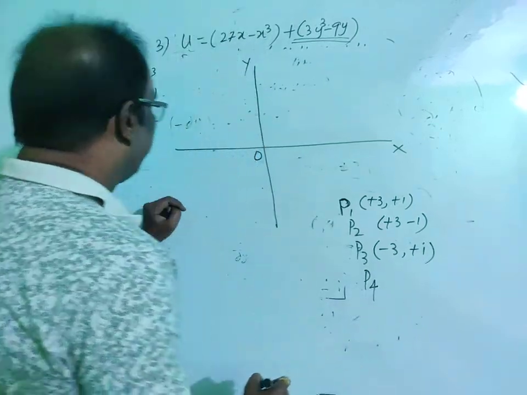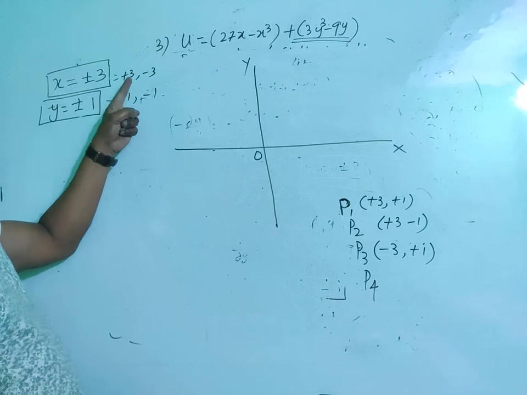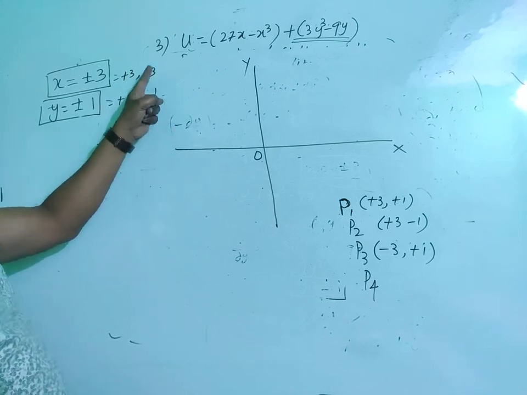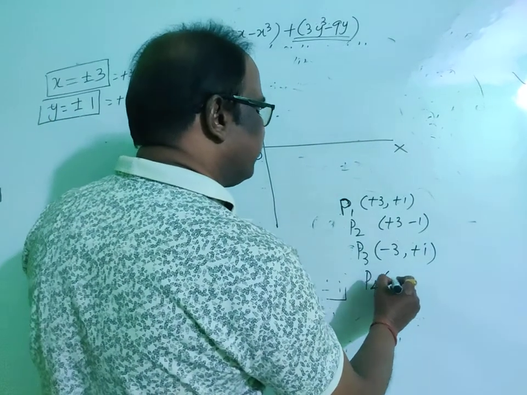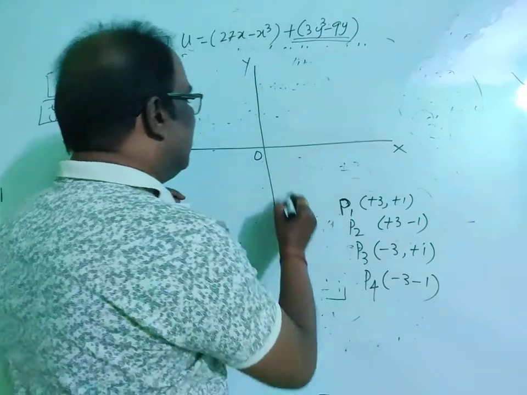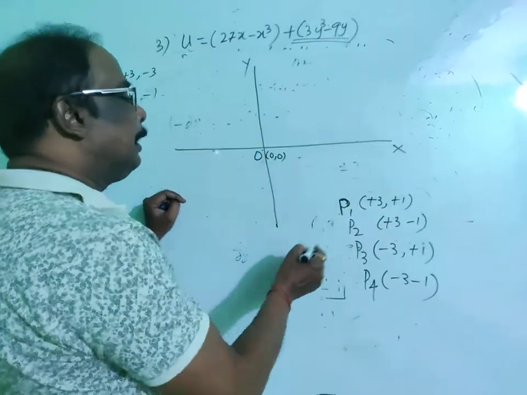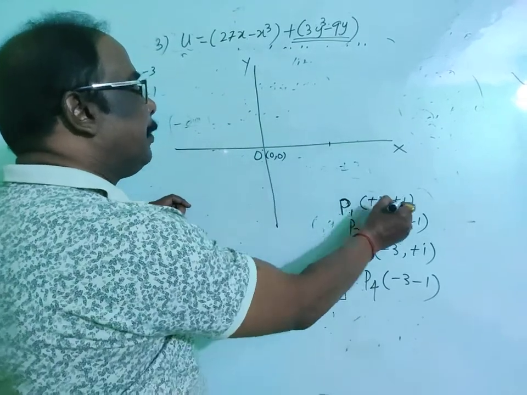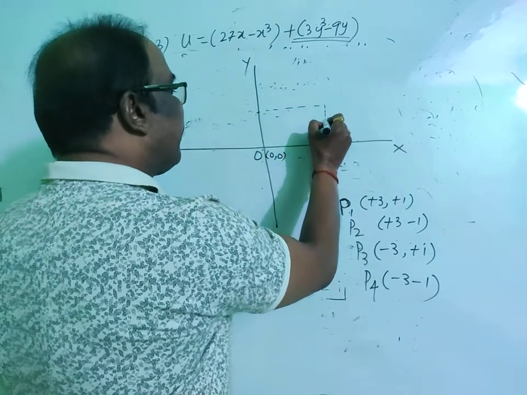Then point 4 is minus 3, minus 1. This is 0, meaning the coordinates are 0, 0. For point P, the value of x is 3 and the value of y is 1, so we will get a point here.